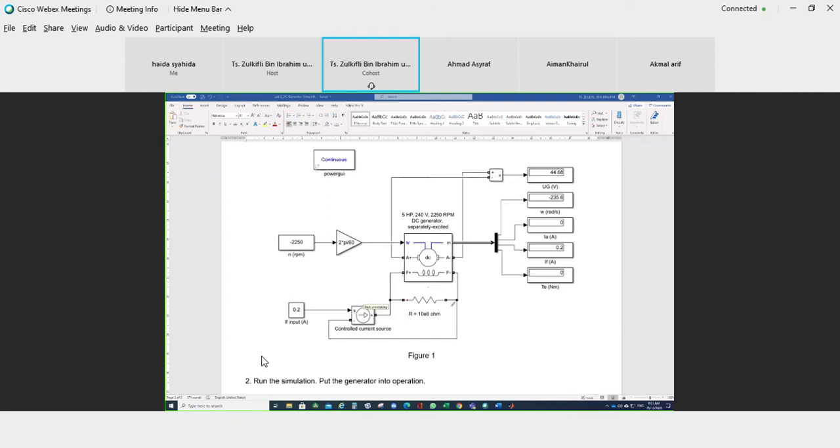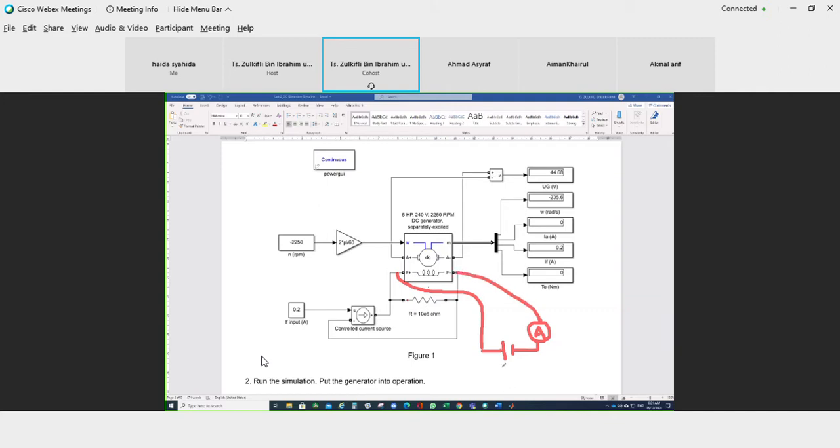Dekat lab kita akan bagi terus the voltage dekat sini, your voltage. Then we have the ammeter. Right? So kita sambung terus ke ini. So dekat lab.